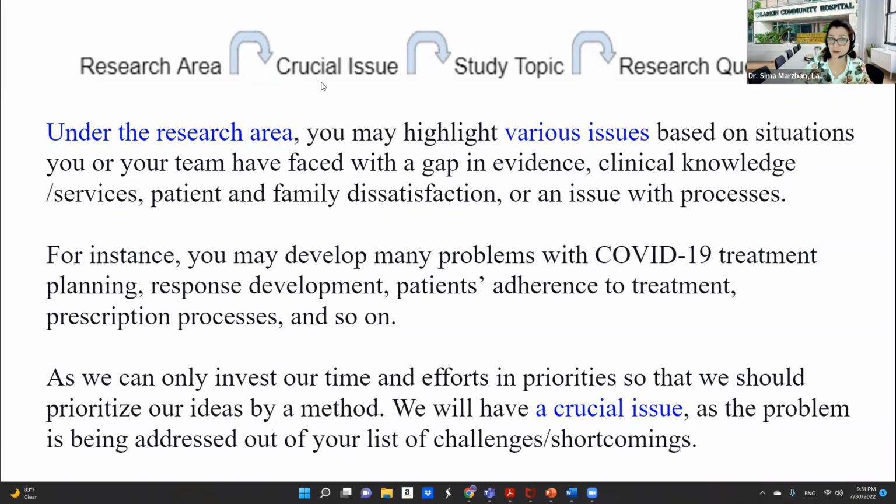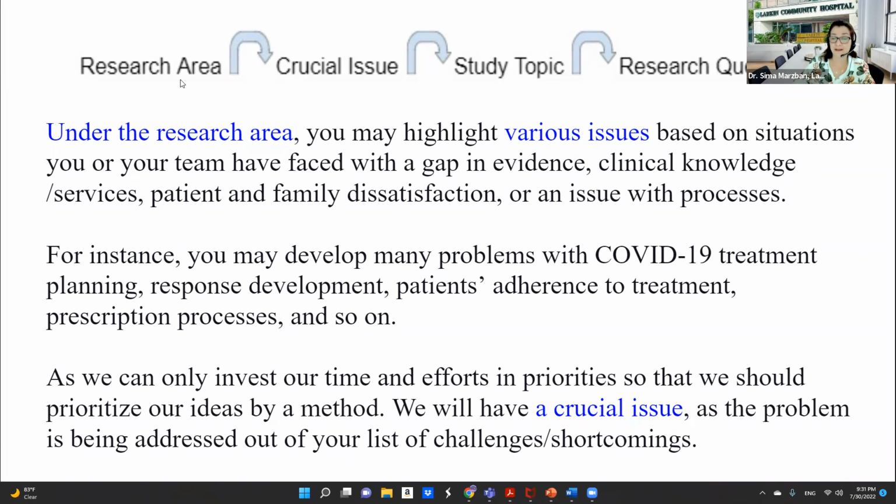Response development under this. Patients' adherence to treatment is a crucial issue. Prescription processes and adverse events, complexities, comorbidities, unwanted events, many other things can fall under the research area that can be COVID-19 treatment.